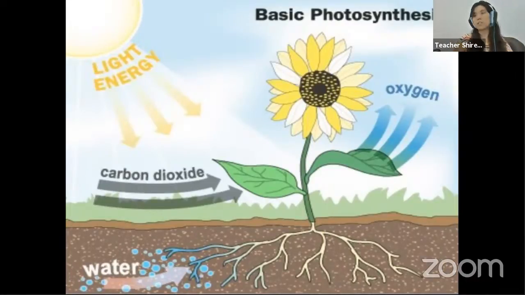Basically this is the equation we learned from this picture. Please type the equation: sunlight plus carbon dioxide plus water goes through the photosynthesis process, then you create food plus oxygen. Pretty much today's exercise is all about this: photosynthesis and respiration, carbon cycle and oxygen cycle.